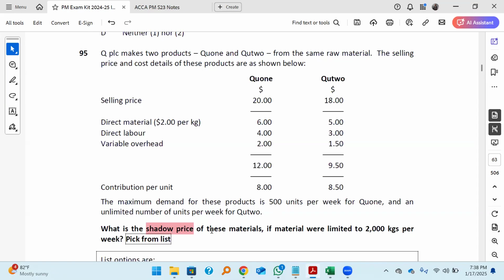Right, so they're asking for the shadow price. And I was saying that in actual sense, when it comes to saying something is limited, it's not always really the case. Nothing is really limited. The only thing that is limited is the money that you can use to get something that is limited. For example, if you realize that you have limited labor, you can get some more people to come and work that day.